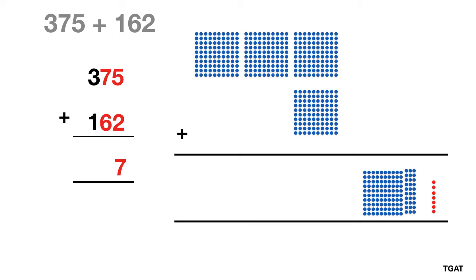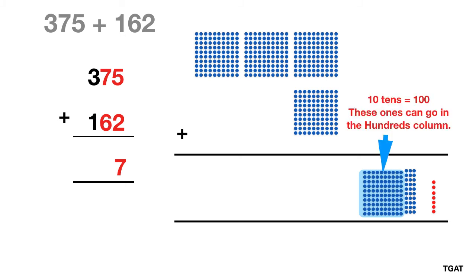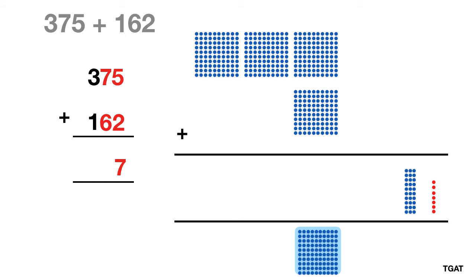So what do we do? Well, if we know 10 tens is 100, we can actually look at this 10 tens and say that it can go in the hundreds column. So if we move that into the hundreds column, it becomes 100, and it stays in the hundreds column.